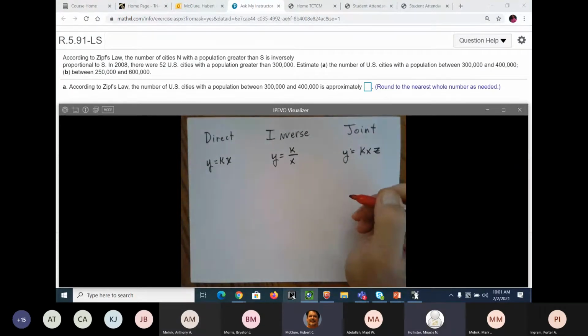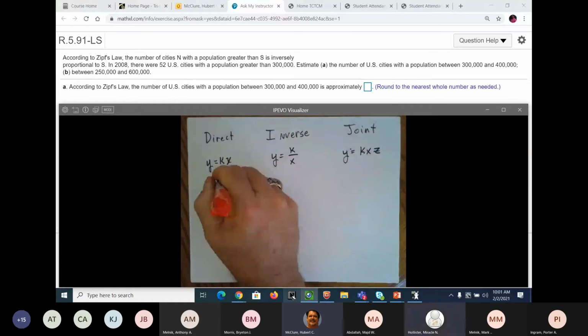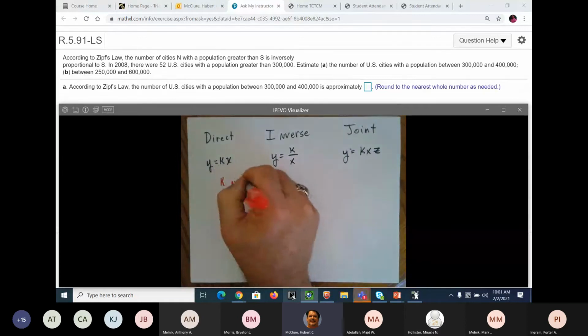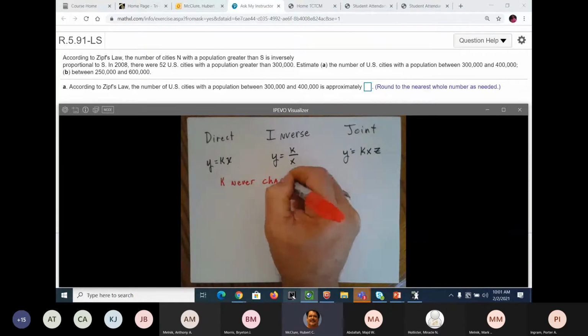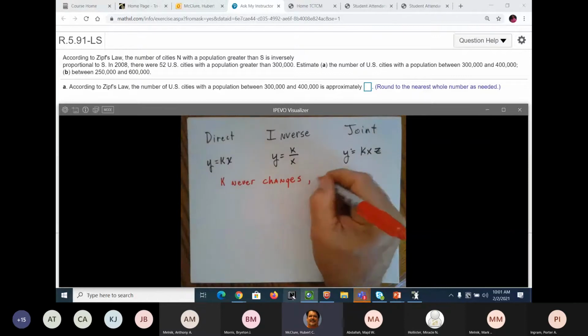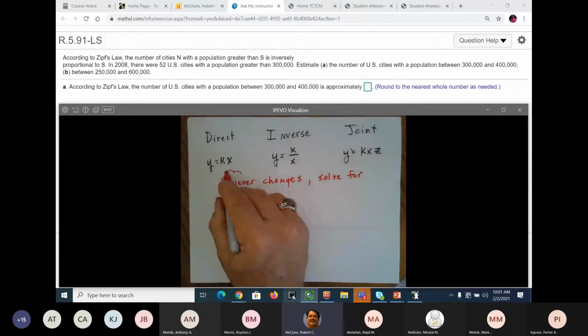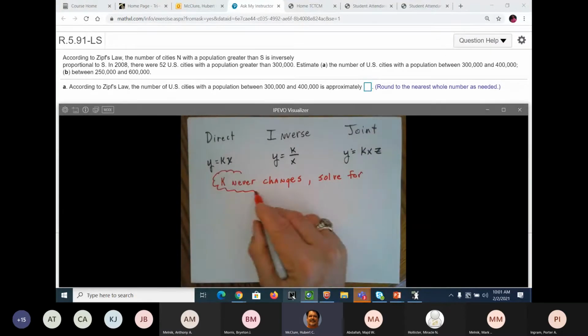K. Is it K? Yes, K never changes. And K is what you're going to solve for in some way, some fashion. So you need to put that under very important, especially if you can't remember how to do variations.